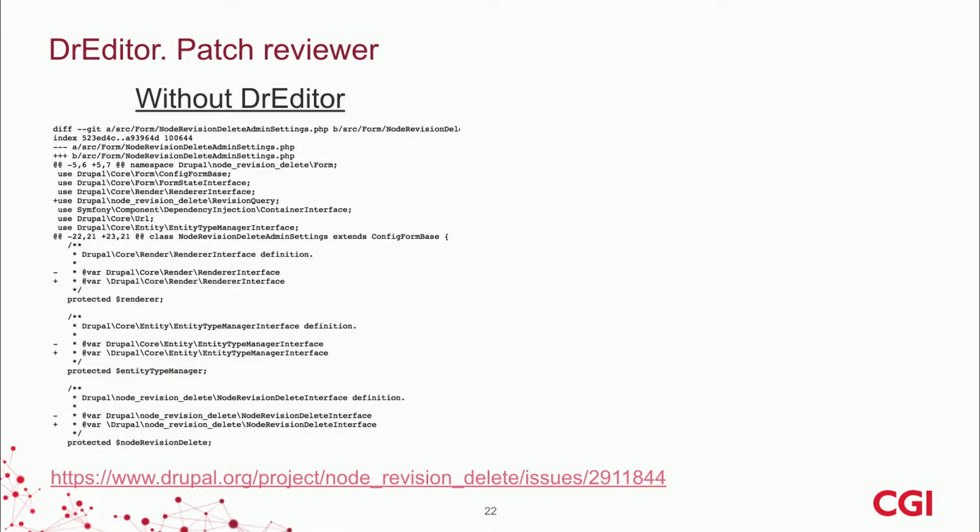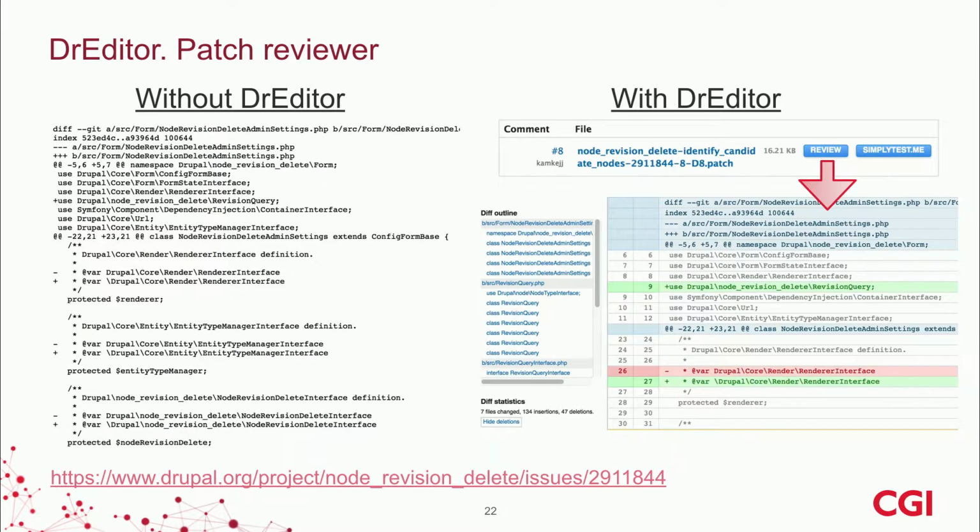Have you reviewed a patch in the Drupal community before? Never? Usually when you go to review a patch, you will see something like this. If the patch is too big, maybe 3, 4, or 10 files, it's a little hard to read the patch. If you have this tool, you will see the patch like this.